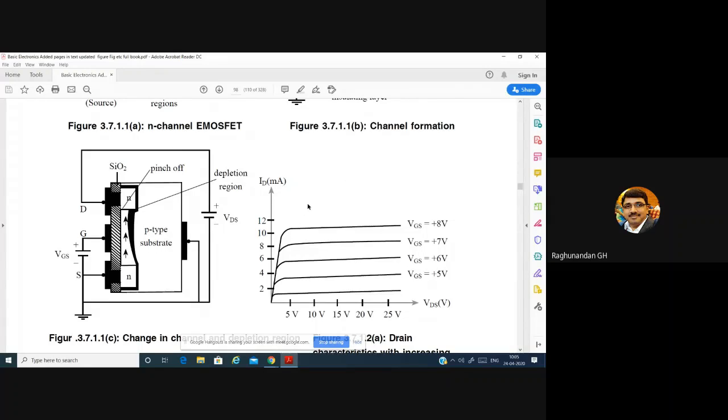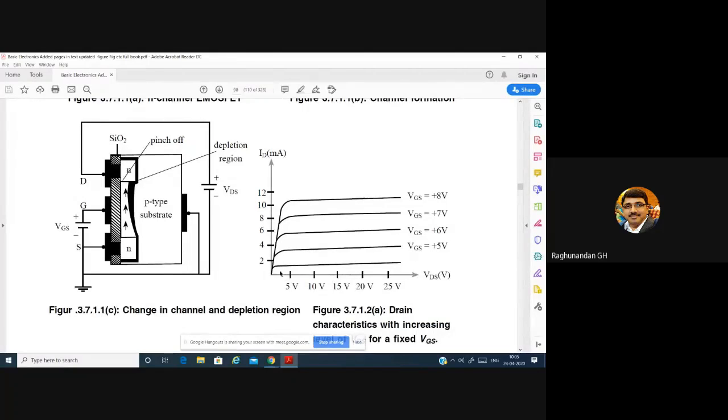Coming to the drain characteristics. The drain characteristics remain almost the same as what we have studied in the D MOSFET. Here you have VDS versus ID, and you can see that with more and more gate to source voltage, VGS, more and more electrons are attracted towards this, and the channel becomes wider. So when more and more gate to source voltage is applied, the channel width will keep on increasing. When channel width keeps on increasing, automatically more current will flow.